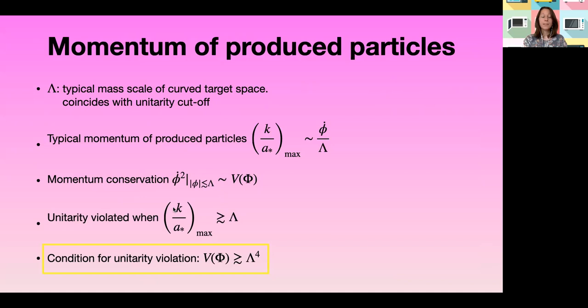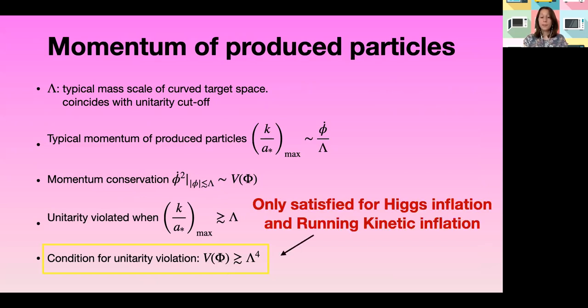This gives us the following very simple condition for unitarity violation. When the inflaton potential at the end of inflation is larger than the cutoff scale to the fourth, we expect unitarity to be violated. And this condition is satisfied for Higgs inflation and for running kinetic inflation, but it is not for Palatini Higgs inflation and α-attractors.